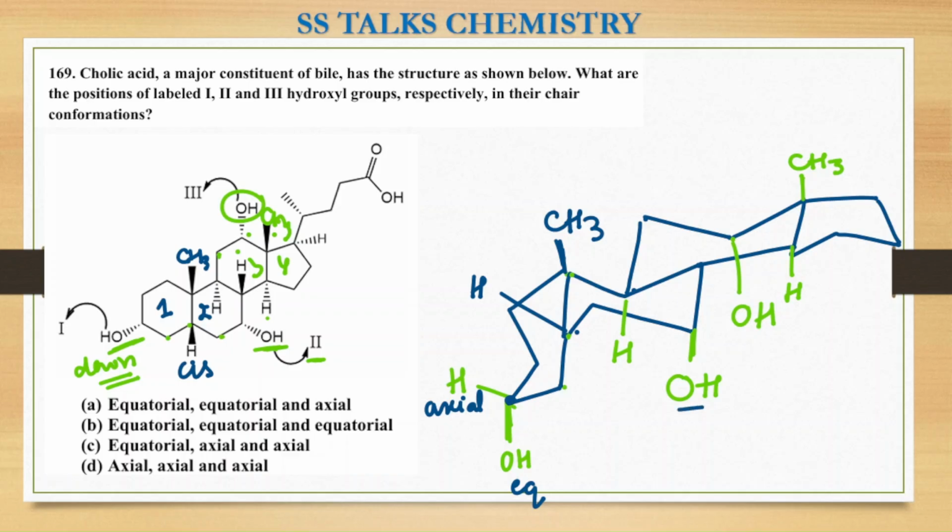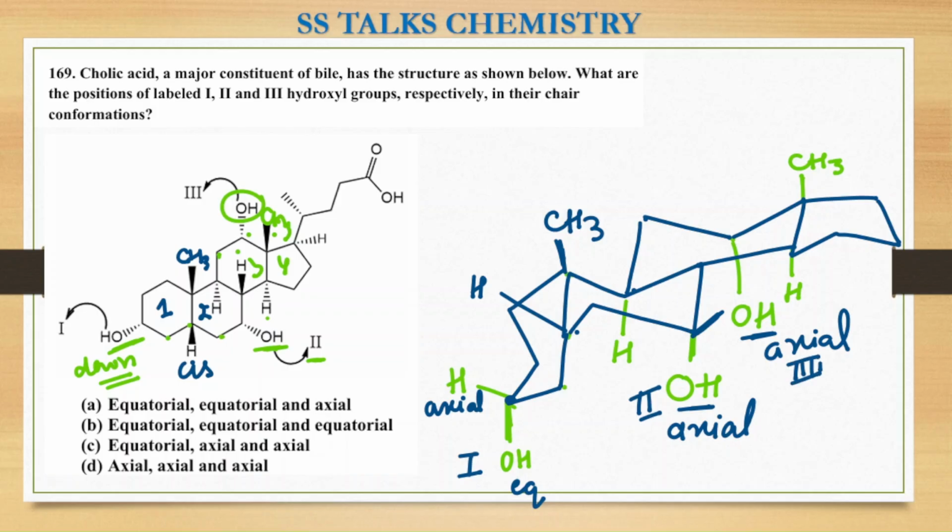Next is this OH group, when you see this one, this is its equatorial position and this one is its axial conformation, right? And this OH group that is present, so here this one is going to be the axial conformation. So you can see the first one that was labeled, this is the first OH group, this is your second OH group, and this one is the third OH group you are having.